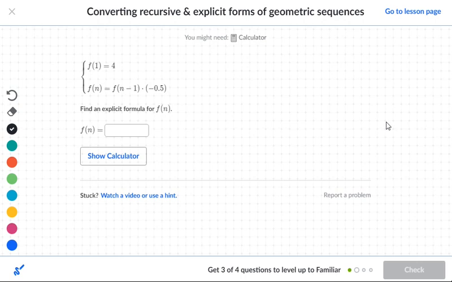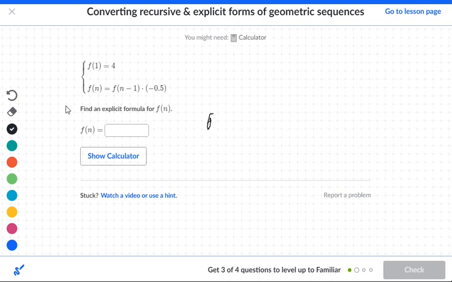Okay, again, we want to go from recursive to explicit here. So this is our first term. So our first term right here. So f of n. Let me write this better. So I want to go f of n in parentheses.